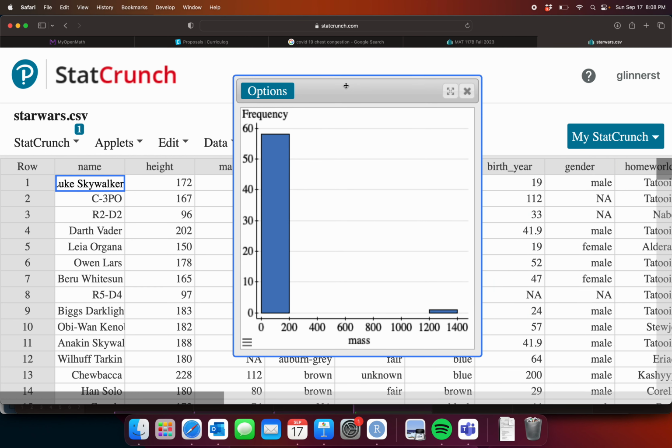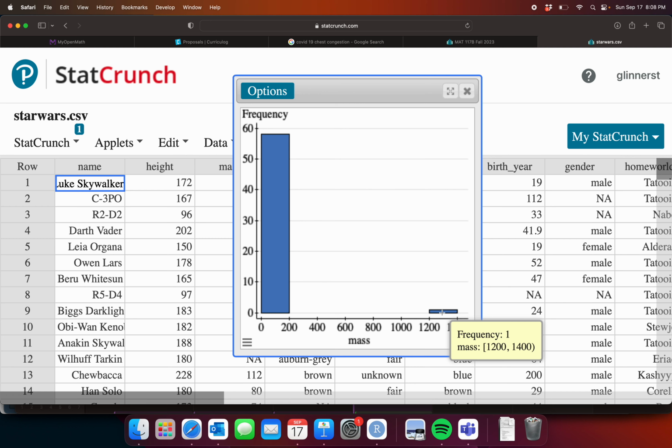Okay, and so if I look at this histogram and our discussions in class, you were there for our discussion of histograms in class, you might be thinking that this just has too few bars. Which it does. It has 2 bars. Almost all of the characters, 58 of them, are between 0 and 200, and then 1 of them is between 1200 and 1400.